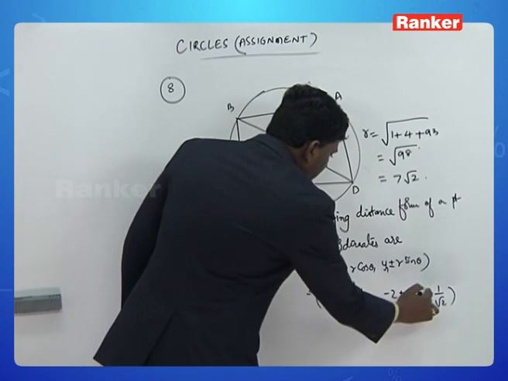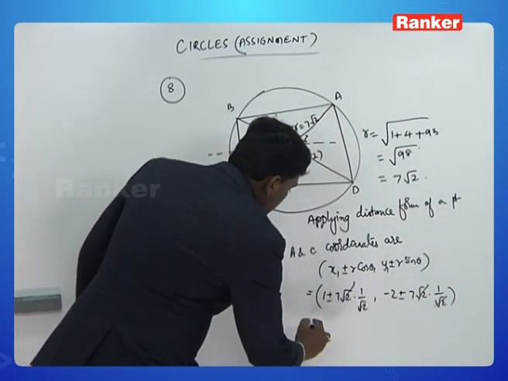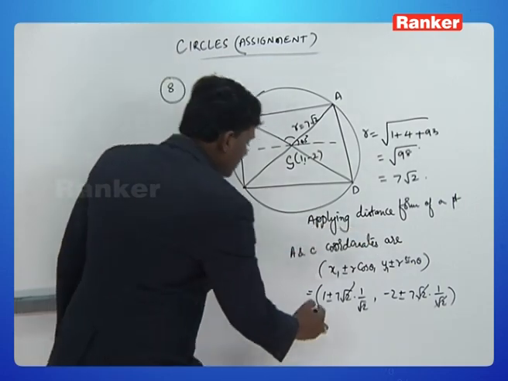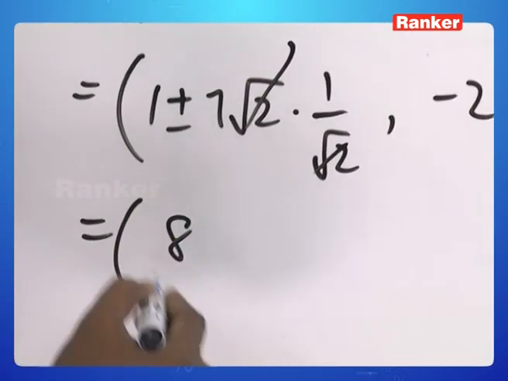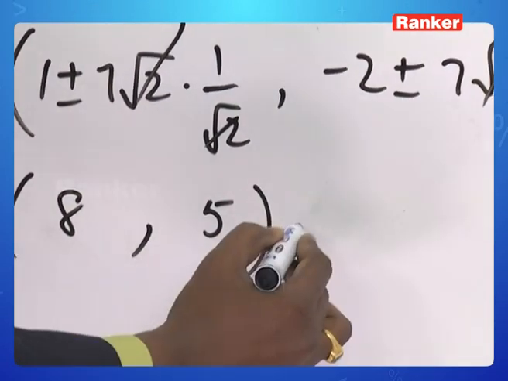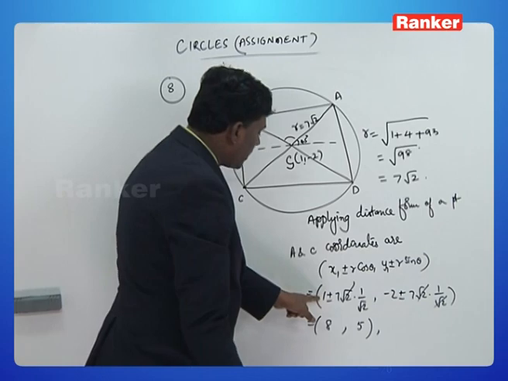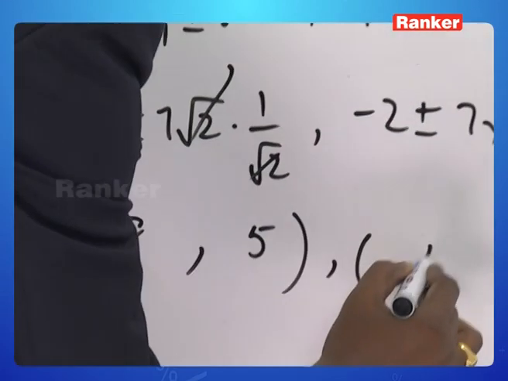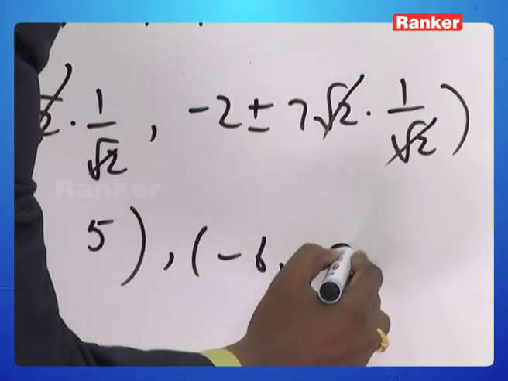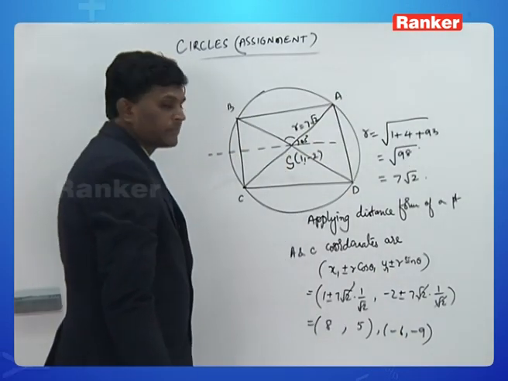Root 2 cancel. We get two combinations, taking both plus, both minus. 1 plus 7, 8, and -2 plus 7, 5. And similarly 1 minus 7, -6, -2 minus 7, -9.